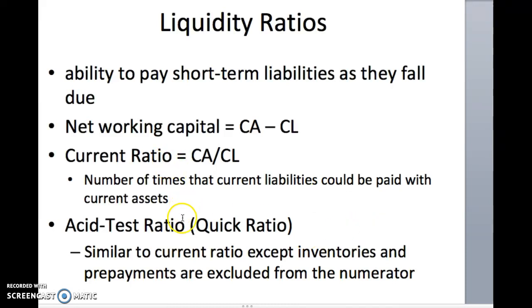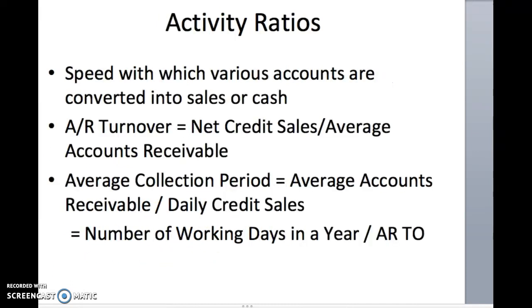Like the current ratio, the label for the answer in the acid test ratio would be times, and the higher number that you get, the better. Next set would pertain to activity ratios. Activity ratios pertain to the speed with which various accounts are converted into either sales or cash.